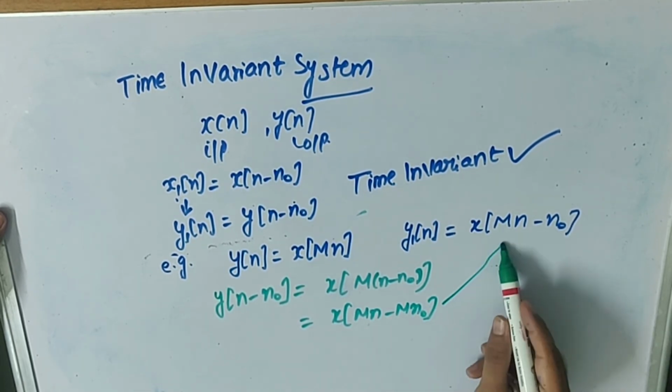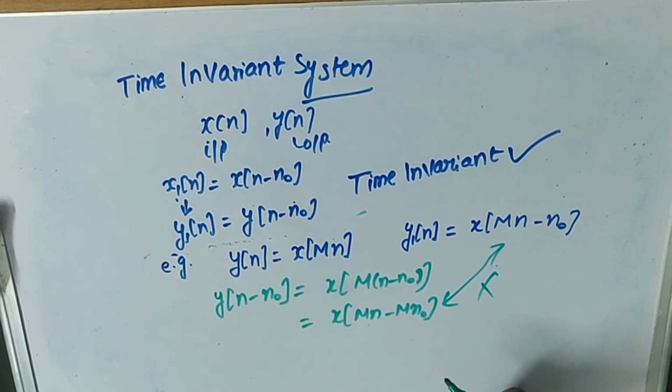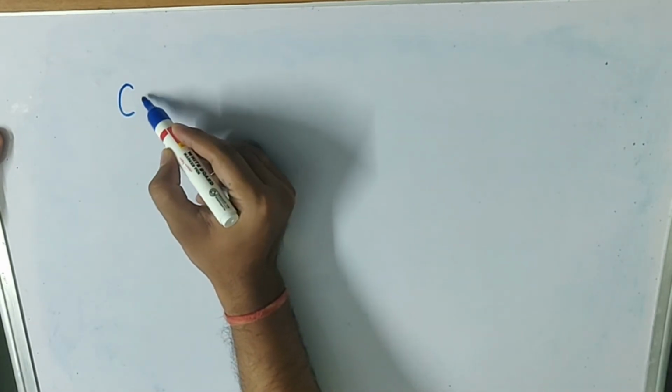Are they equal? No. That means the system is not time invariant, it is time variant. Okay, cool. Now let's study another system, the causal system.